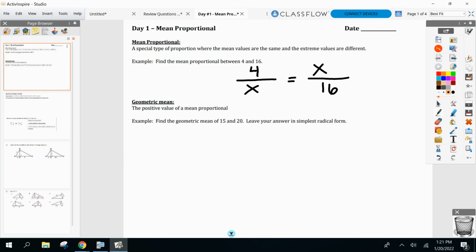Take a look, that's a mean proportional. Extremes are different, means are the same. All right, cross multiply with me. X squared equals 64. And the numbers are going to come back in big time fashion in a little bit.